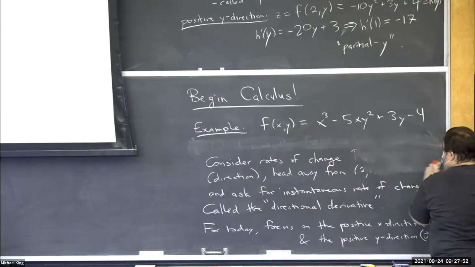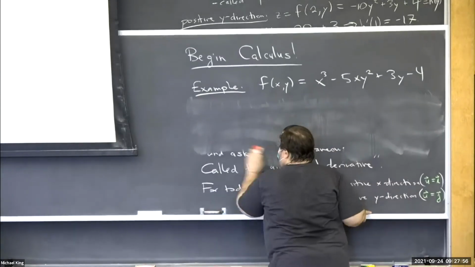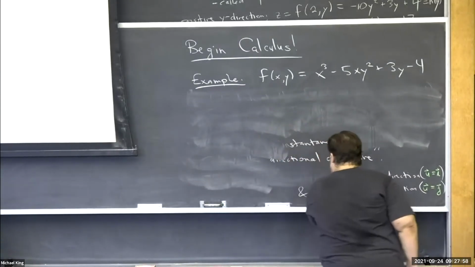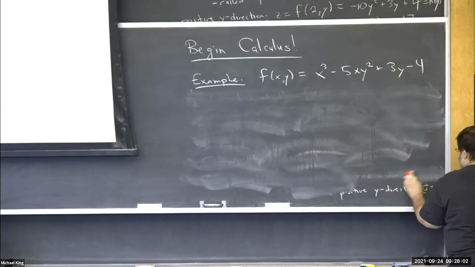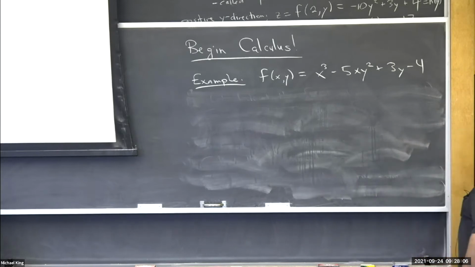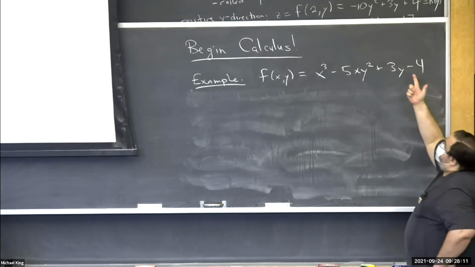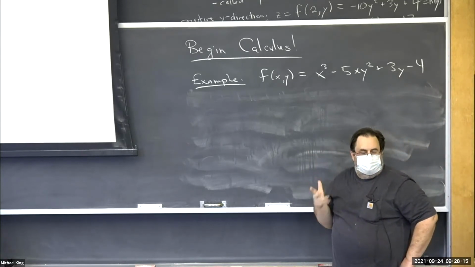So let me leave this function on the board here so we can refer to it. If we want to think about the more general partial x, the derivative in the positive x direction at a general point, well, what we did is we plugged in a specific constant for y, right?